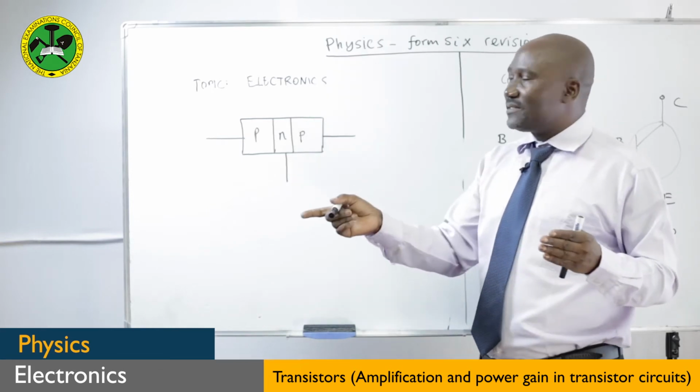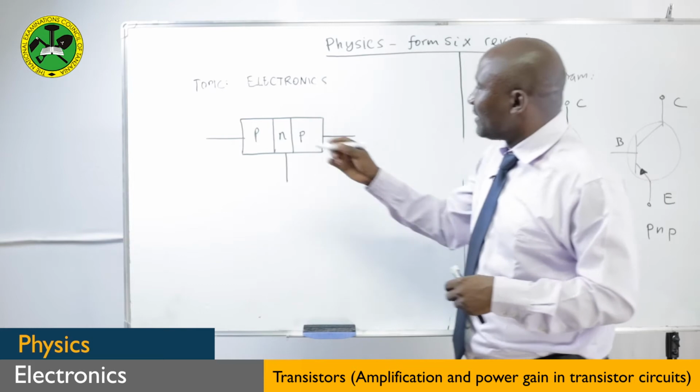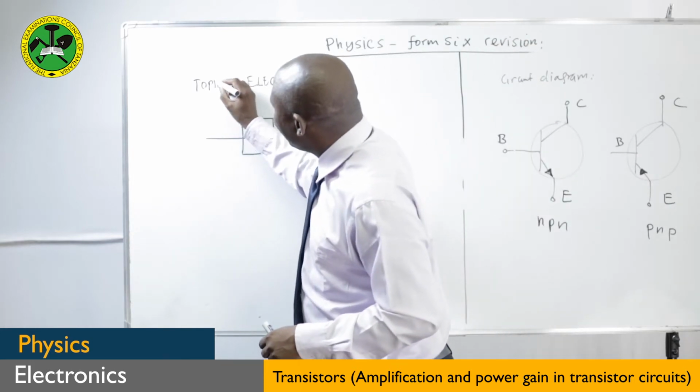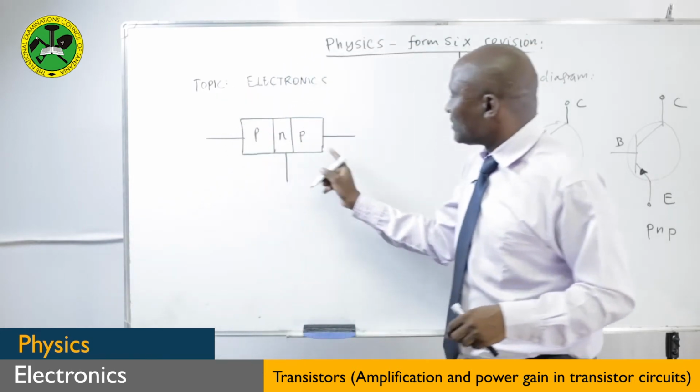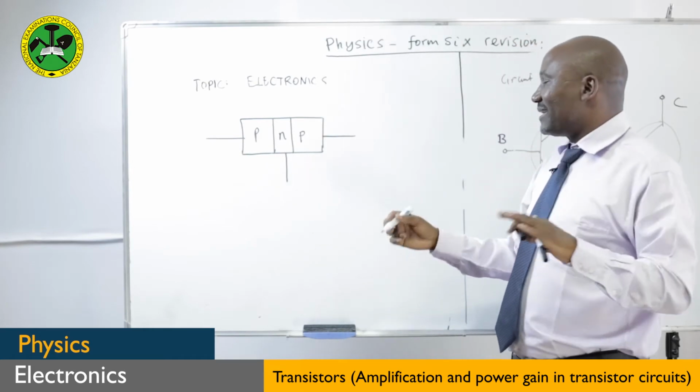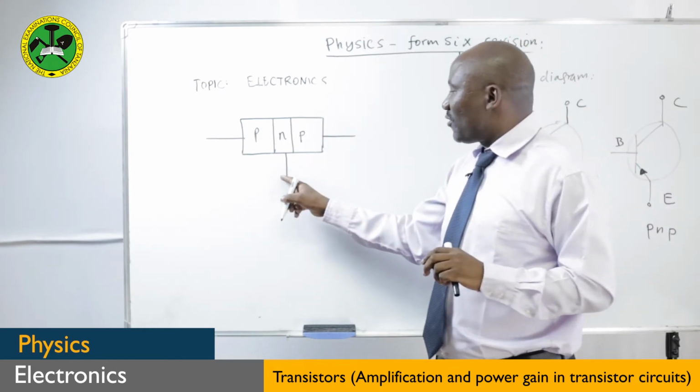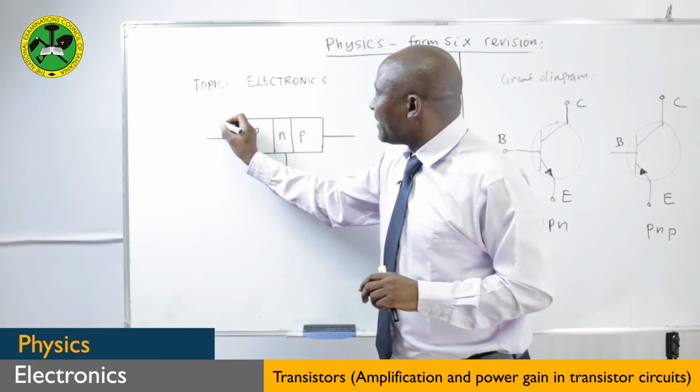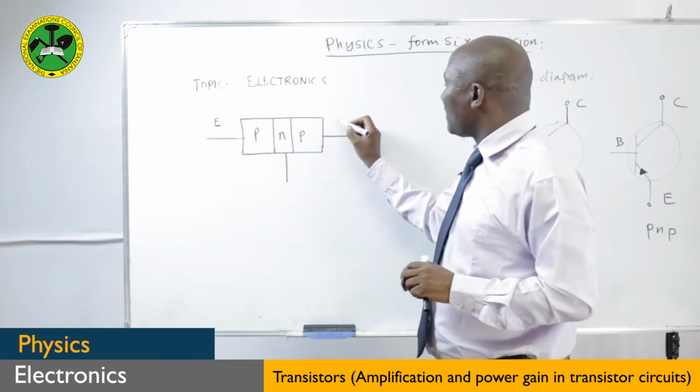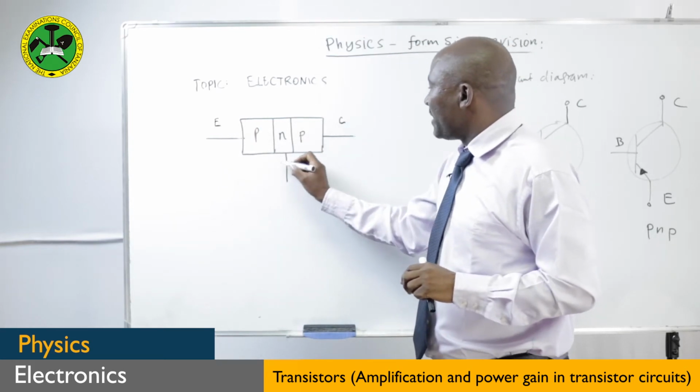So we have the input circuit and the output circuit. For example here, this circuit consists of 2 circuits. This terminal is common. This was the emitter, if you remember. This is our collector. This is our base.